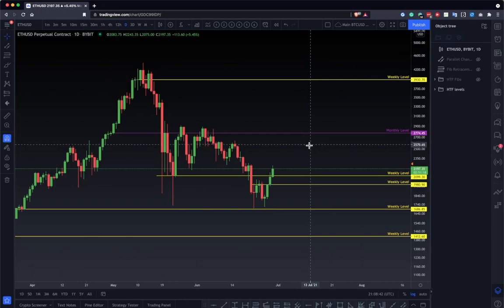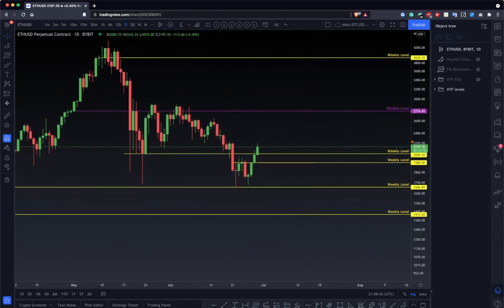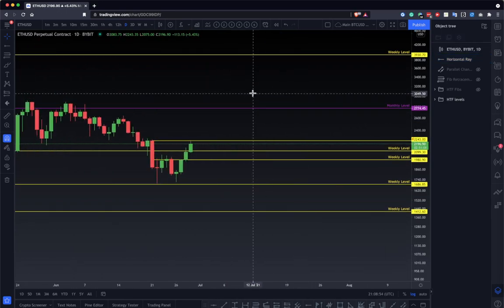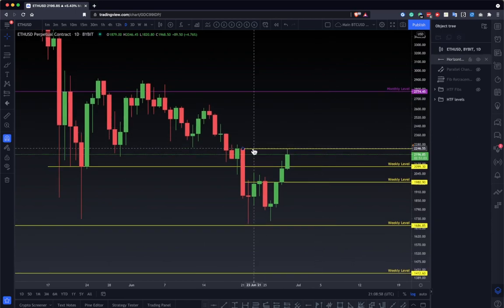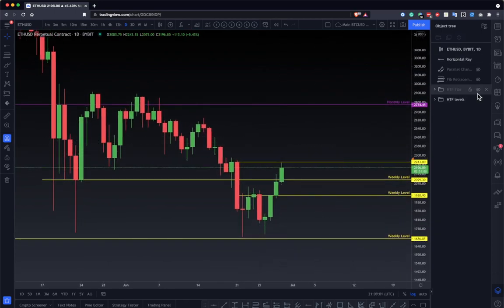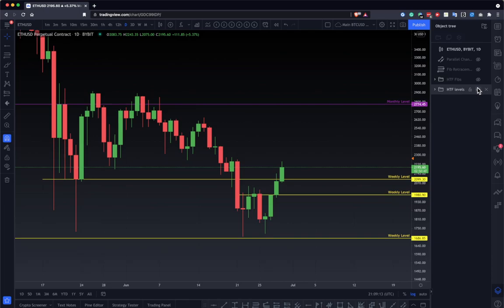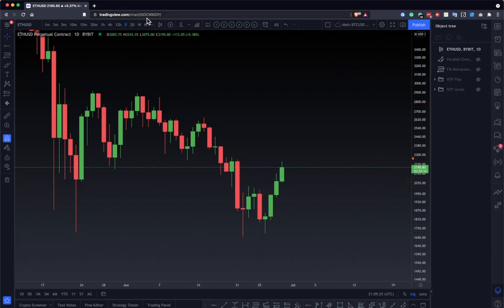So what I'm simply looking at here is the daily levels as well. Let's mark out some daily levels. Let's go slightly into this range. These are the higher time frame levels, so if I want to use them again, which one will I use?